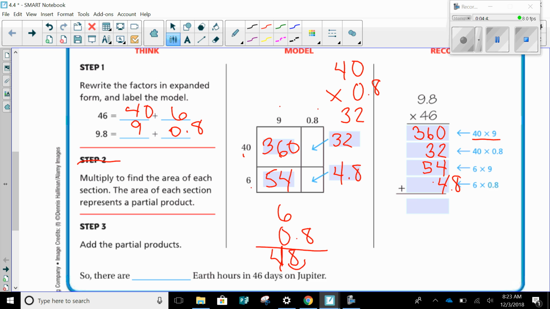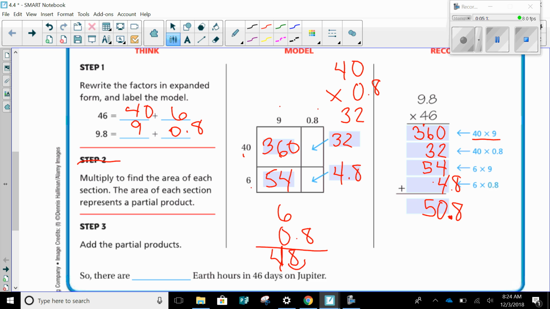So if I go 0 plus 0 plus 0 plus 8, it's going to give me 8. My decimal point is going to come straight down when I'm adding. Then 0 plus 2 plus 4 plus 4 is 4, 8, 9, 10. Carry my 1, 6, 3, 5, and 1.